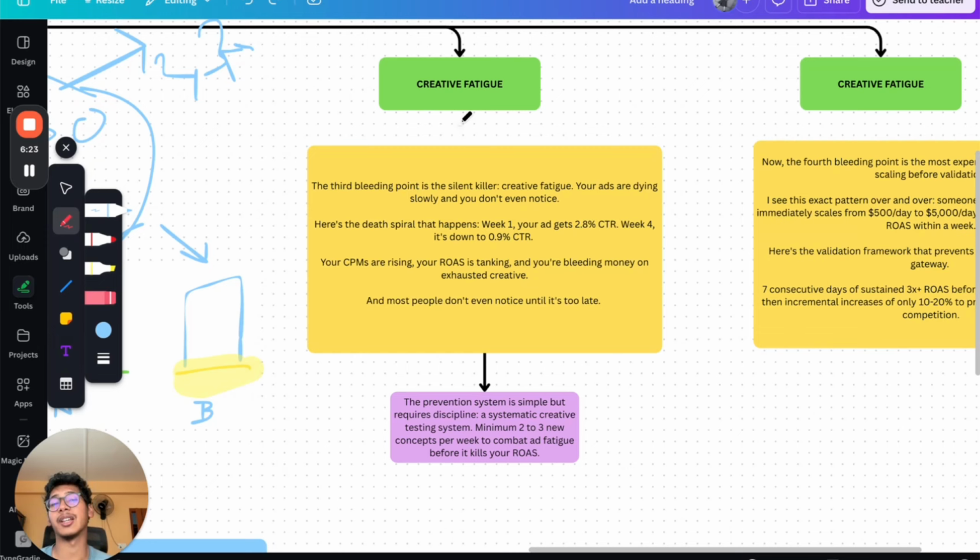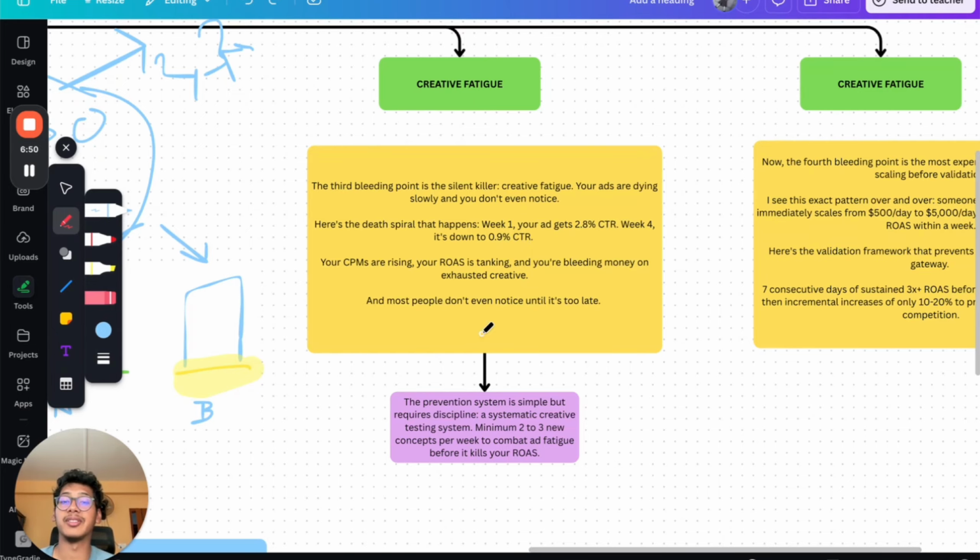Even if it is a winning creative, especially after the Andromeda update, the creative fatigue gets more and more intense, because if you just keep on running the same ads over and over again, eventually that ad will get fatigued and it will just kill your KPIs.